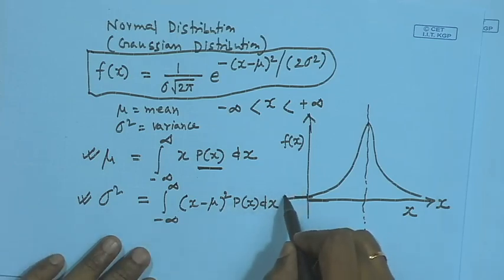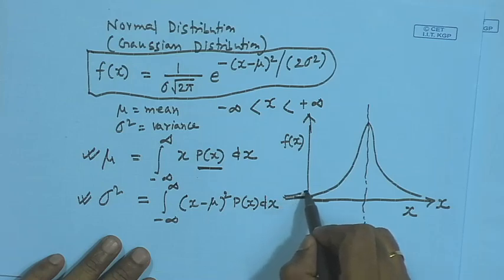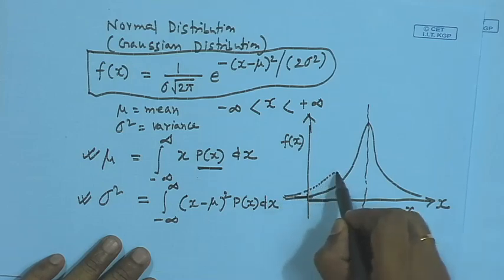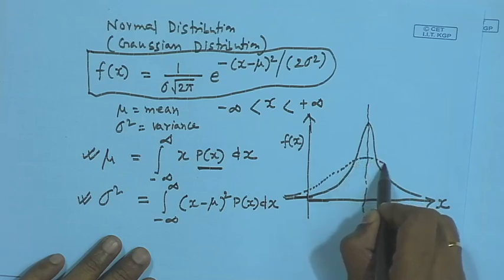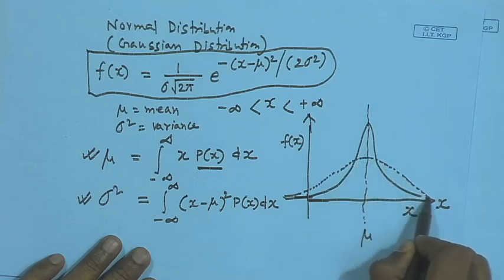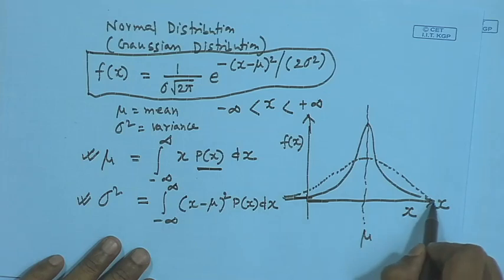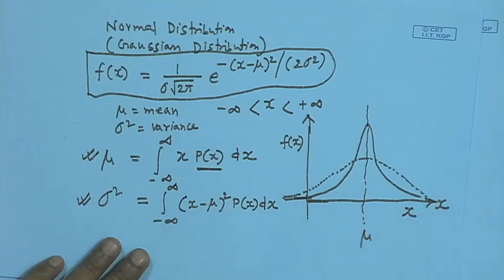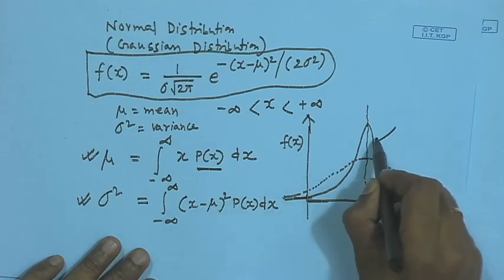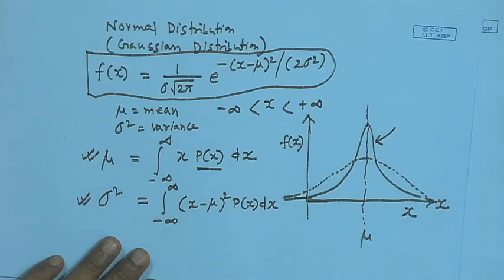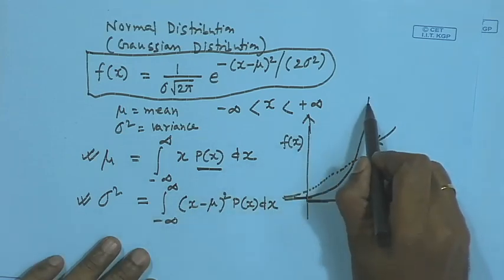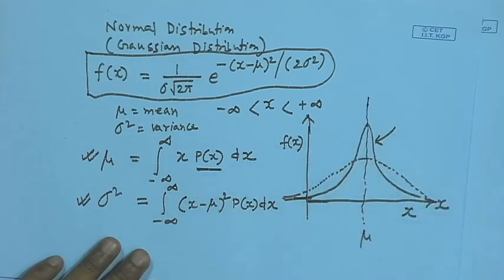We can also have a Gaussian distribution like this. Obviously, both have the same mean, but different variance or different standard deviation.